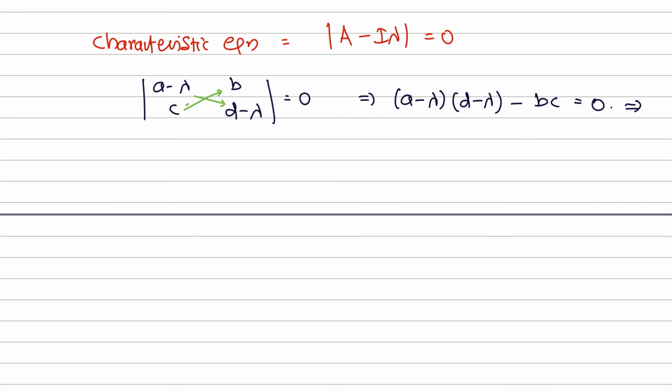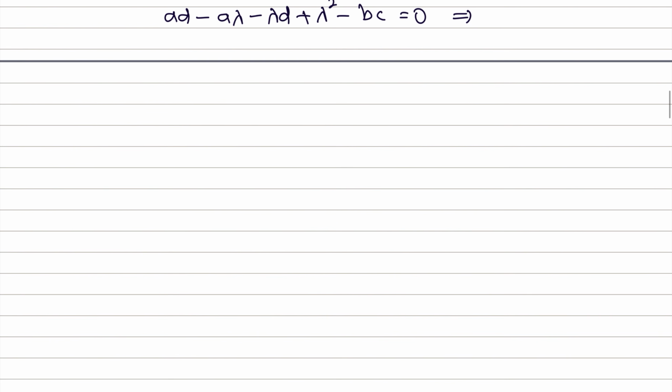Now, what will be its value? AD minus A lambda minus lambda D plus lambda square minus BC is equal to 0. Then what happens?